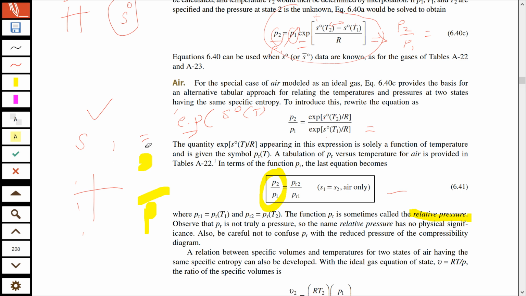So just to make sure that you follow the context, let me write the crux of this matter. Let's say state 1 is one state, and then there is another state 2. I will just use the TS diagram. Let's say I have a TS diagram, and I have the state 1 and the state 2.